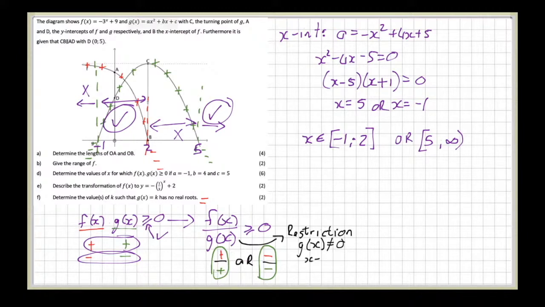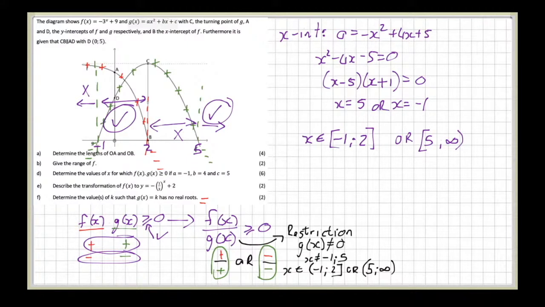So x may not be -1 or 5, because that's where g(x) is equal to 0. So now how would this look? Well, I would still go from -1 up to 2, but now it can't be -1, but it can still equal 2. Or from 5 up to infinity. Again, x can't be 5 and it can't be infinity.